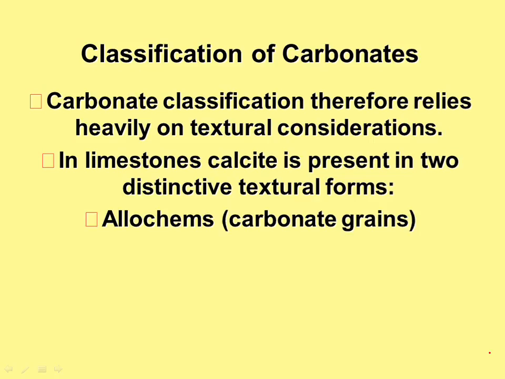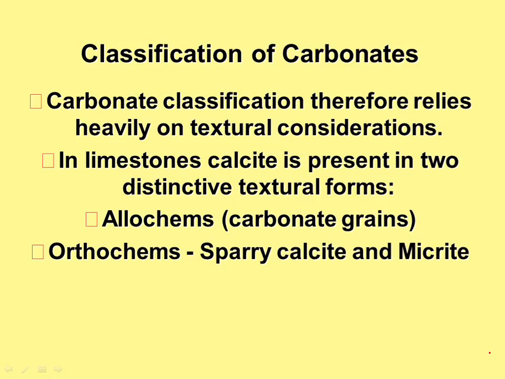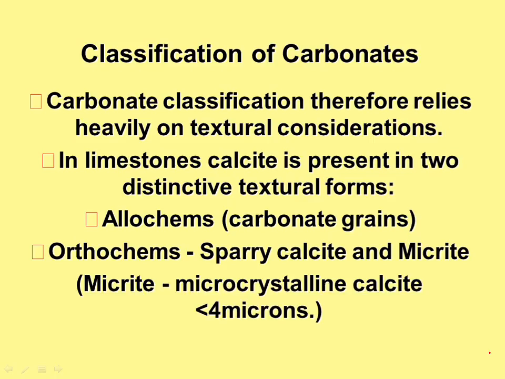We have what are known as allochems, which is a fancy word for a carbonate grain or carbonate particle, and we have orthochems, which are essentially dominantly sparry calcite and micrite, where micrite is a shortened version of microcrystalline calcite, and by that we mean calcite crystals that are less than 4 microns in size.